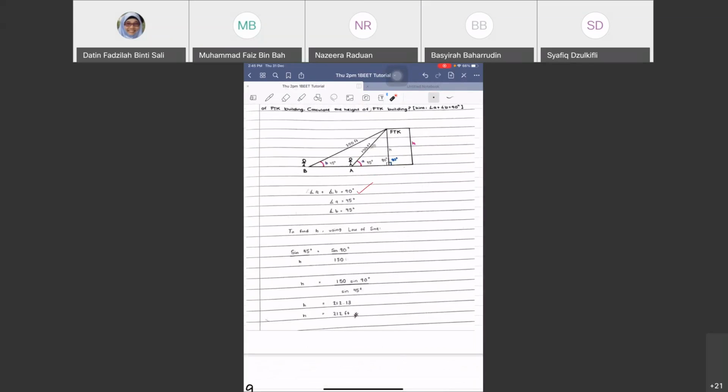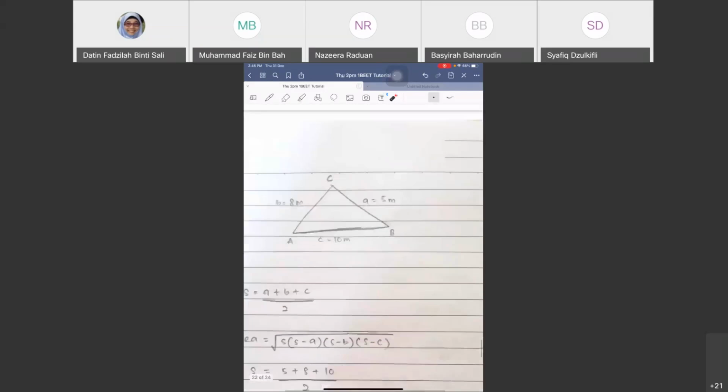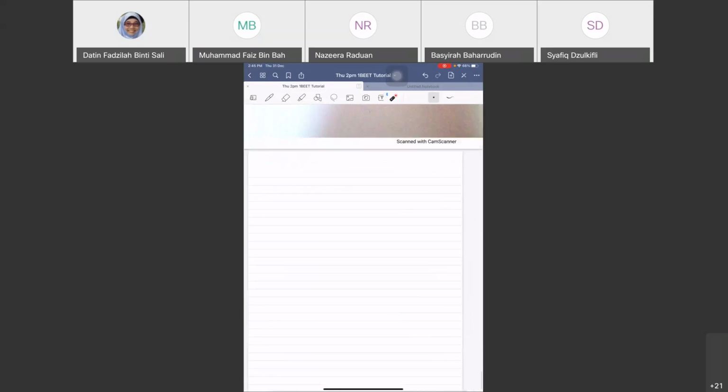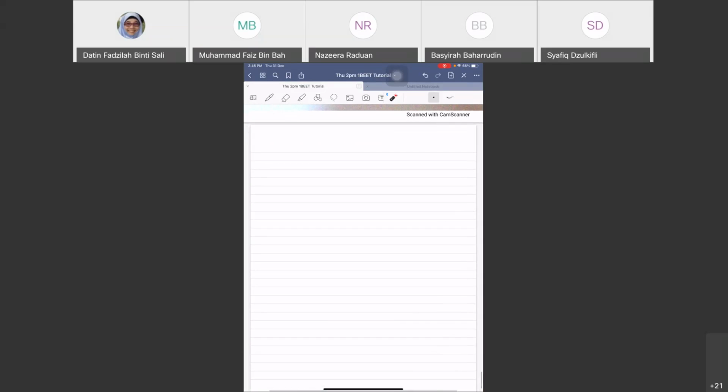And we know that A plus B equals 90 degrees. Maybe we can try this on a blank page. This is question 24.